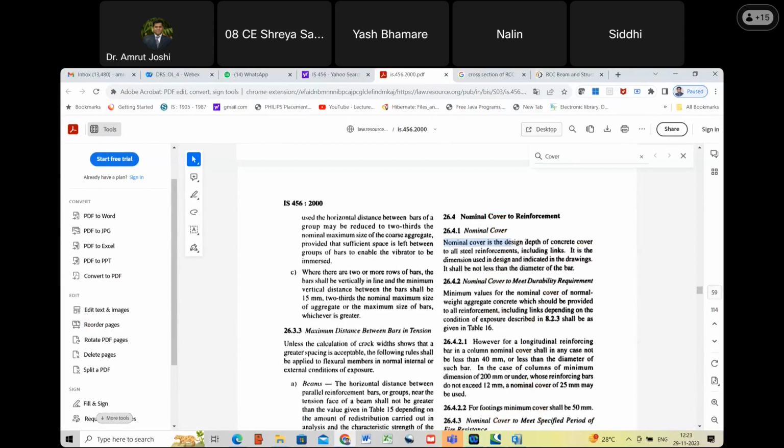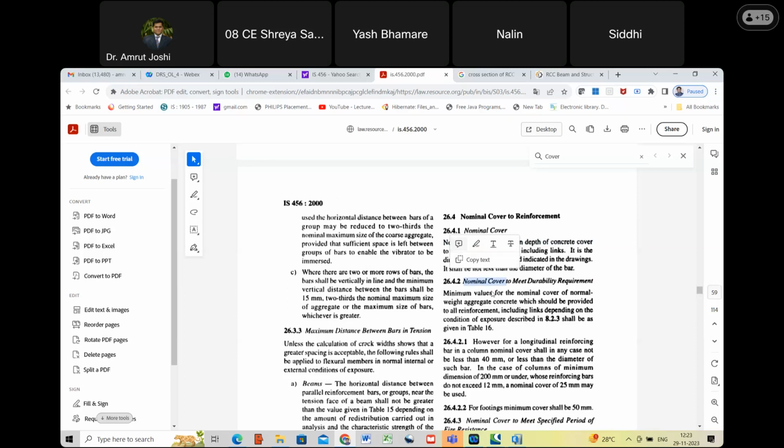Nominal cover is design depth of concrete cover to all steel reinforcement, including links. Links means stirrup. Are you with me? Yes, sir. So this nominal cover is nothing but clear cover to the shear reinforcement. Happy? Yes, sir. Because shear reinforcement is the reinforcement which is at the most outer side. It is likely to get corroded first. Are you with me? Yes, sir. Okay.